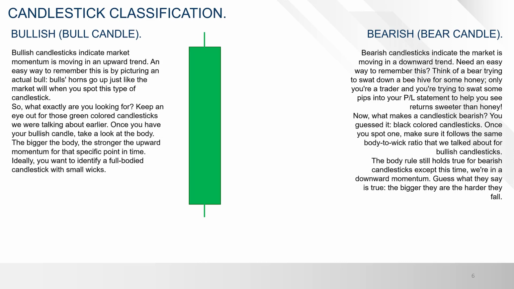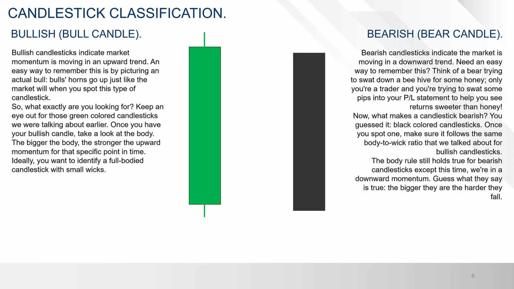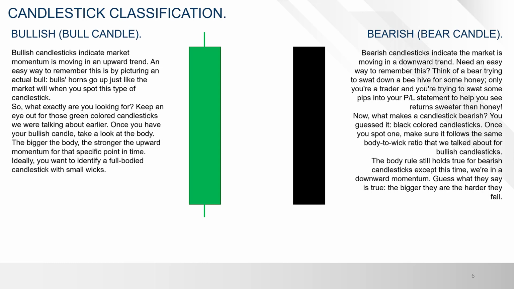Now, what makes a candlestick bearish? Well, some of you have already guessed it: the black colored candlestick. Once you spot one, make sure it follows the same body to wick ratio that we talked about for bullish candlesticks, meaning it needs to have a bigger body and small wicks or none at all.